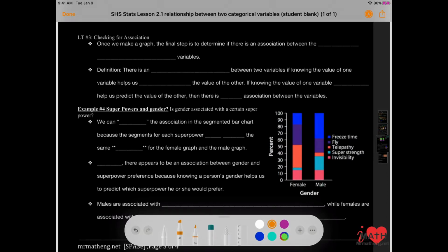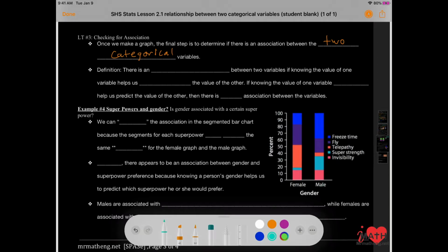So once we make a graph, the final step is to determine if there's an association between the two categorical variables.